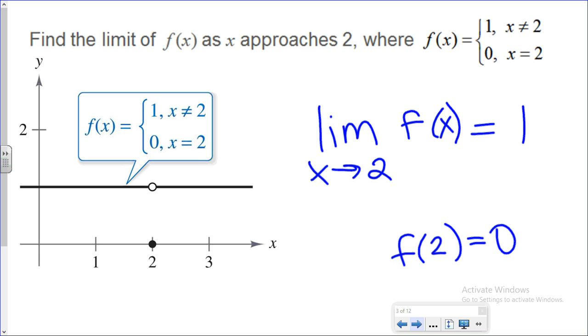So there's a difference that we need to talk about, right? Our function value is 0, but the limit as we approach 2 is 1 because that's where that hole is. I'm glad you brought that up so we can talk about it.